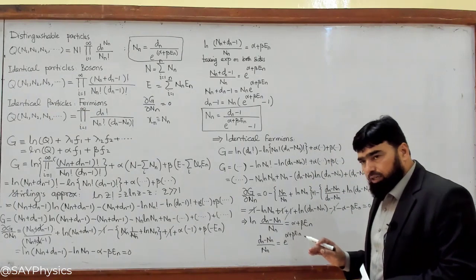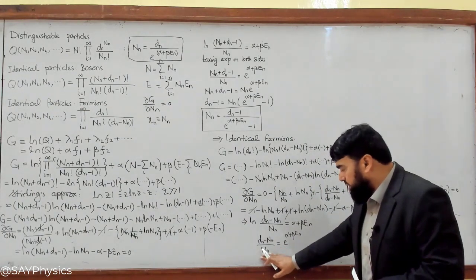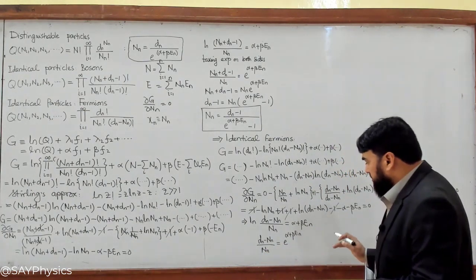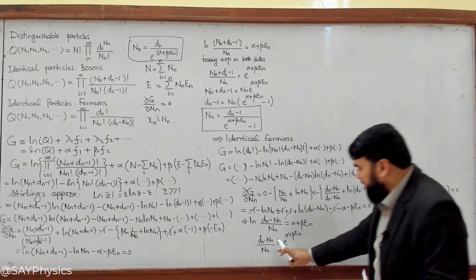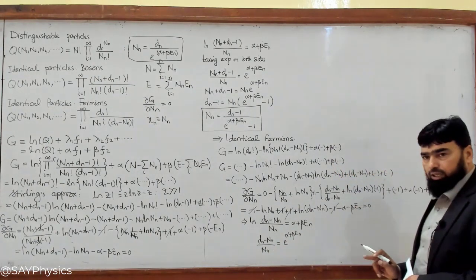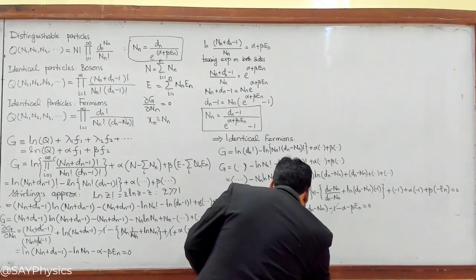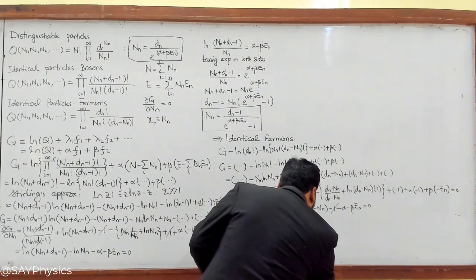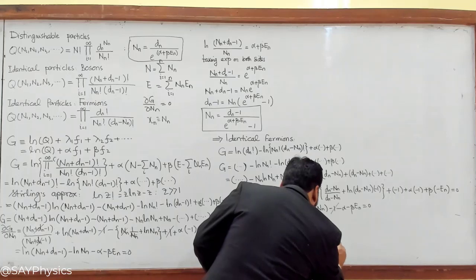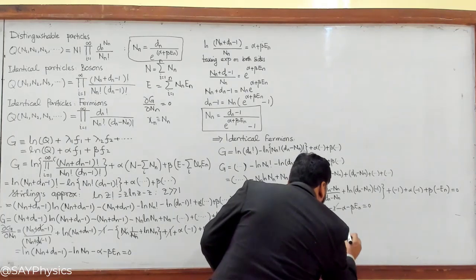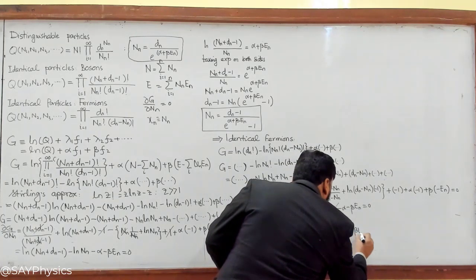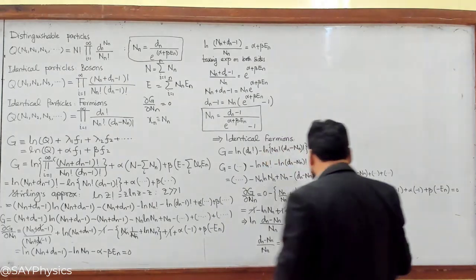And now again we want the terms in nn, so if I multiply this nn with it, then this implies that dn minus nn is equal to nn e to the power alpha plus beta en.